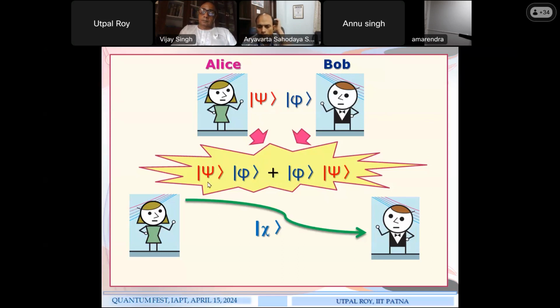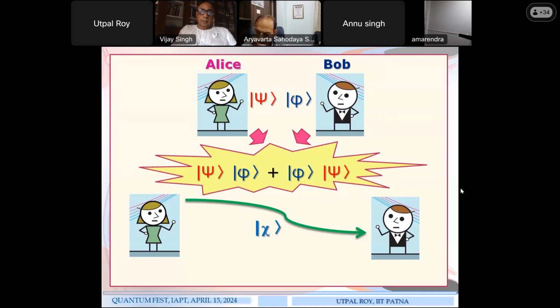On the other hand, it is the superposition of Alice state multiplied by Bob state plus Bob state multiplied by Alice state. And this is the reason that they are not in the form of factors, and you cannot separate out their states. So if Alice measures the state, at any distance, Bob will definitely get the other one.